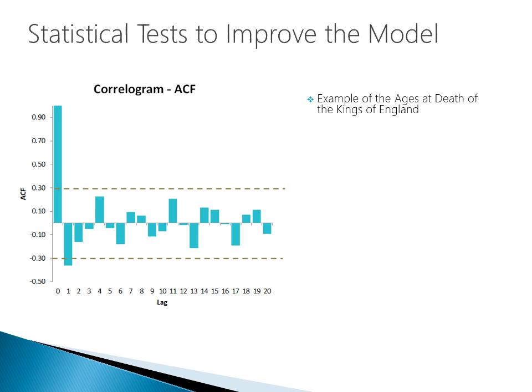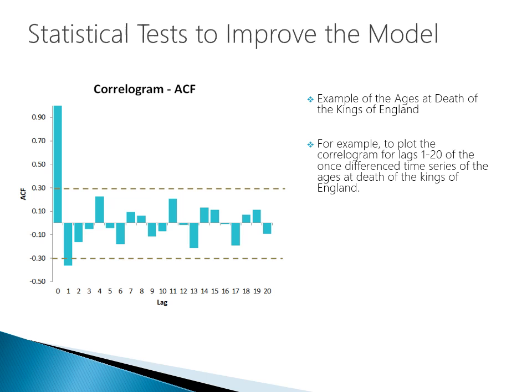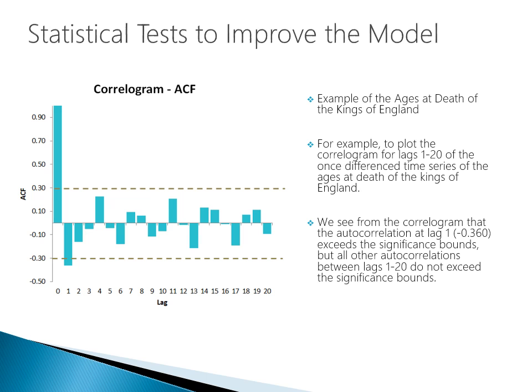Here's our example of the ages at death of the kings of England. We've produced our correlogram in this case for lags 1 to 20 on the once differenced time series. We can see from this correlogram that the autocorrelation at lag 1 exceeds the significance bounds, but all the other autocorrelations between 1 and 20 don't exceed the significance bounds.